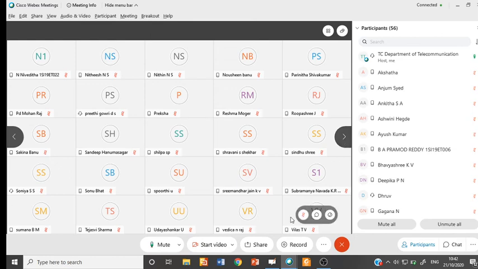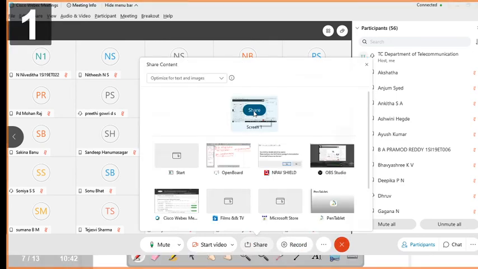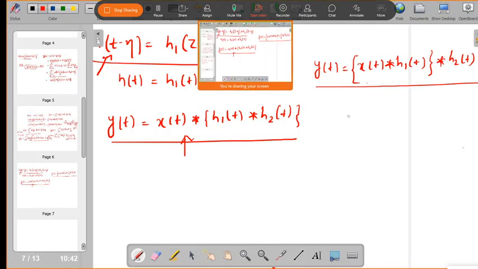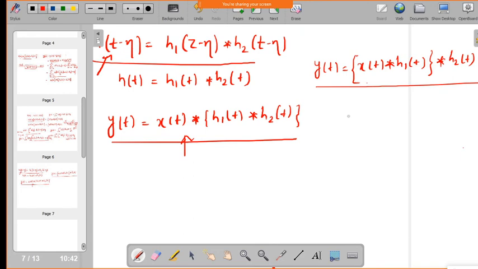So what is meant by the memoryless property? In general, when we discuss systems, if the output of the system depends only on the present value, then it is called memoryless.